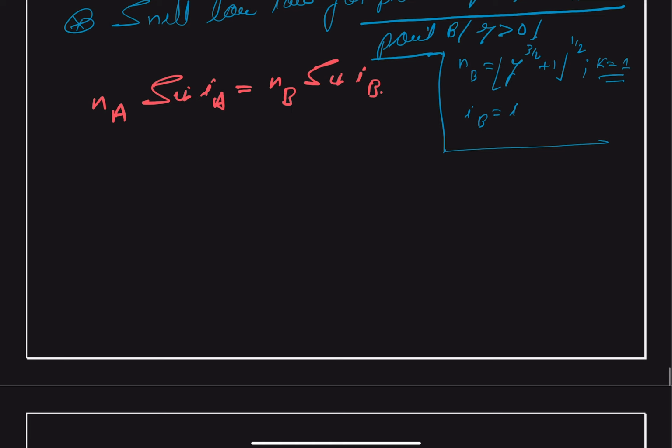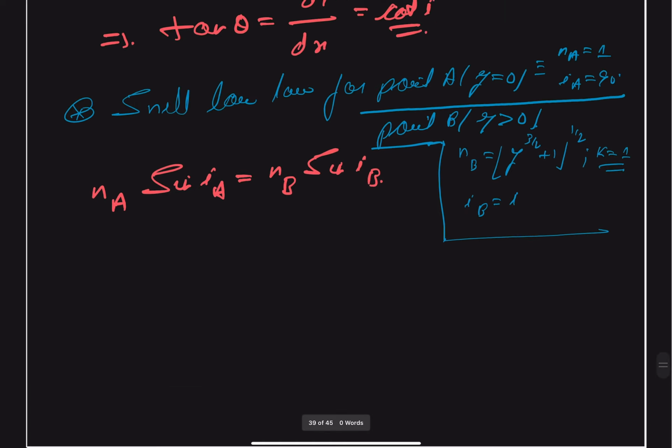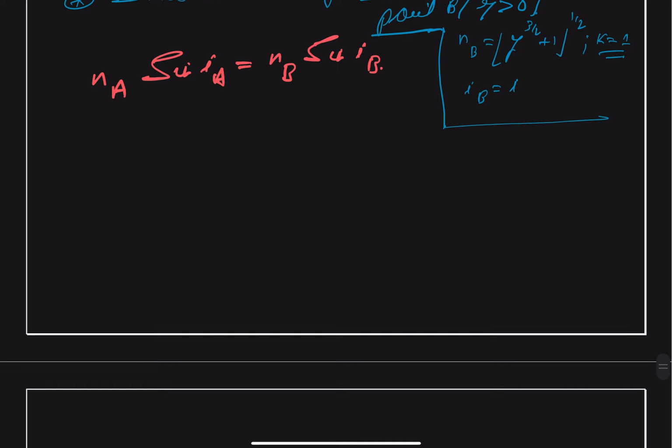So we substitute the respective values. We get sine 90 is our 1, so this comes as 1 multiplied by sine of 90.